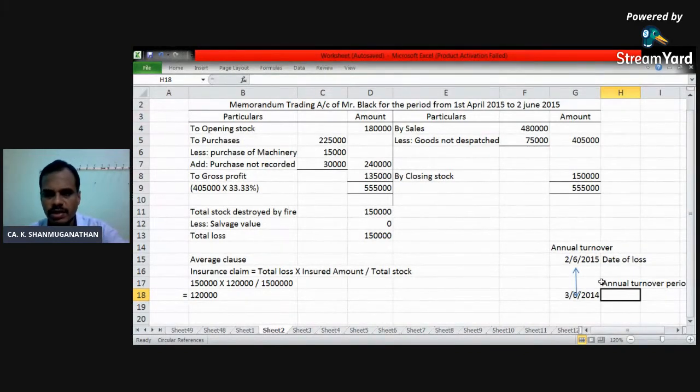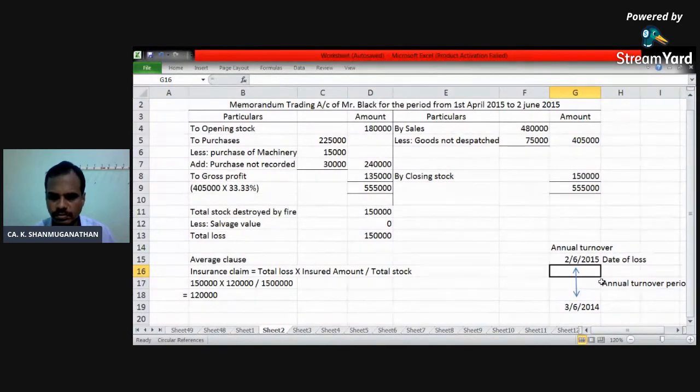Loss of profit policy. Below that, this policy covers a period subsequent to the date of loss.